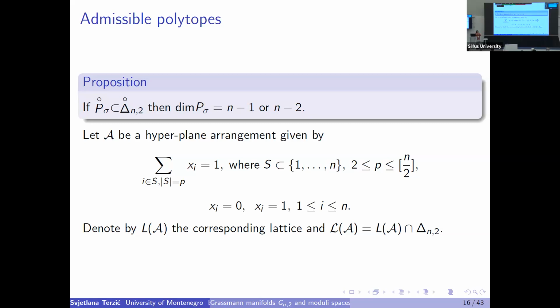These hyperplanes x_i equal to 1 and x_i equal to 0 contain the facets of our hypersimplex Delta n 2. By L_A we denote the corresponding lattice of this hyperplane arrangement, so all possible intersections. Then we intersect this lattice with the hypersimplex Delta n 2, and in this way we obtain a decomposition of Delta n 2 induced by this lattice L_A. We call it the chamber decomposition of Delta n 2.